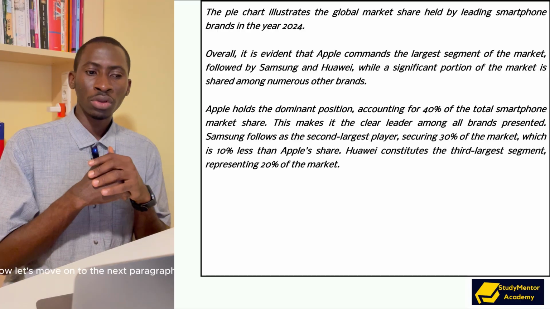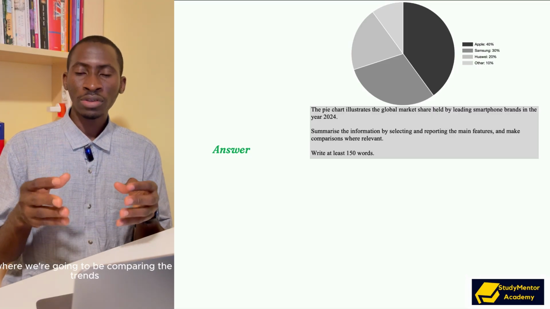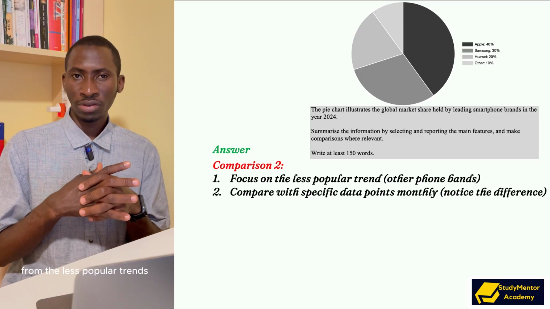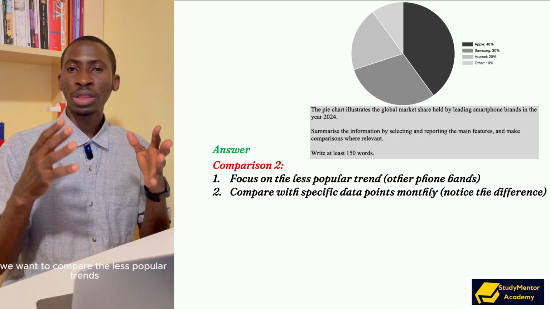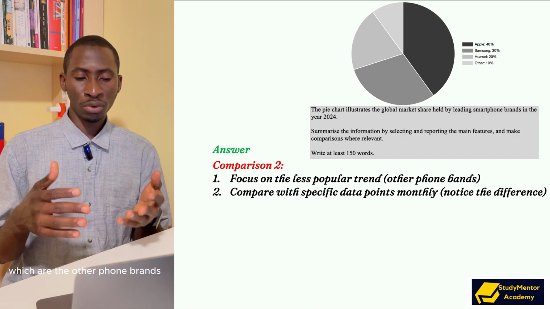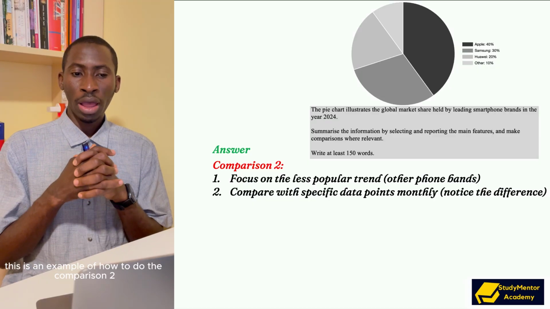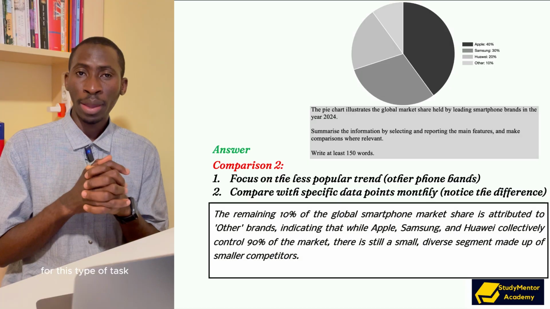Now let's move on to the next paragraph, where we're going to be comparing the trends from the less popular trends. In comparison 2, we want to compare the less popular trends, which are the other phone brands. This is an example of how to do the comparison 2 for this type of task.